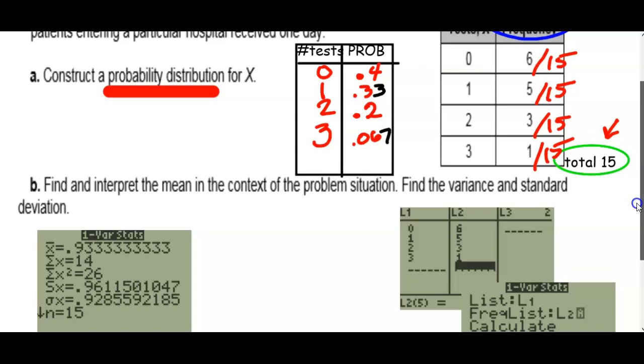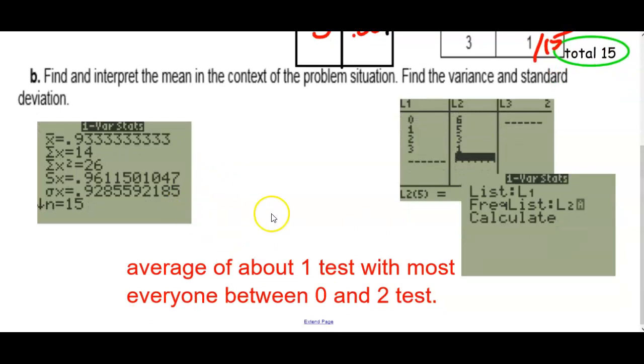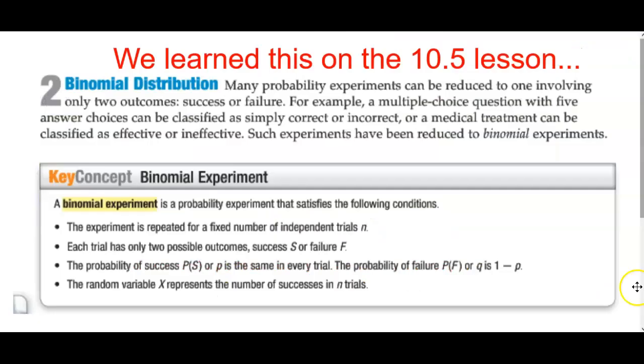We could have seen that from the beginning, right? Most everybody had either 1 test run or from 0 to 2 tests. Anyway, if there was a lot more spread out data, that information would be a lot more concise and helpful maybe.